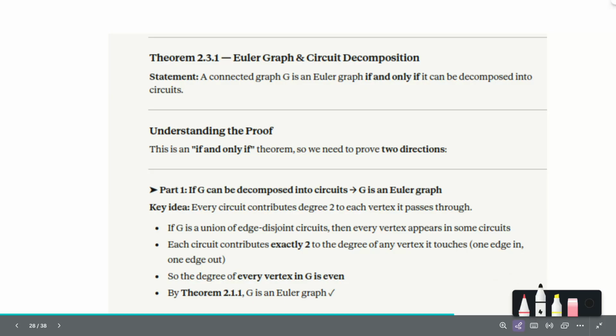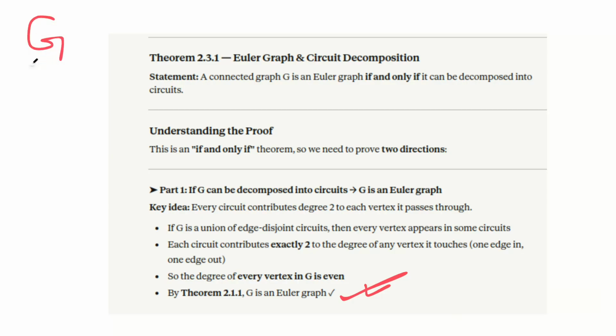So you can prove it. The part we have already learned is that if a graph is an Euler graph, then the degree is even. That theorem we have already proved, right? So here, if you have a graph G that is a union of edge disjoint circuits, then each of these circuits contributes exactly 2 to the degree of any vertex it touches, 1 to get in, 1 to get out.